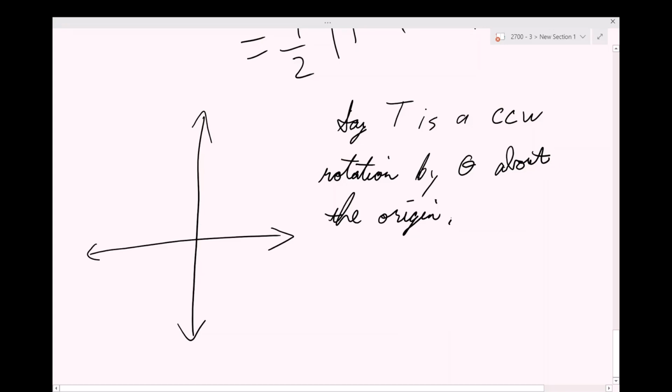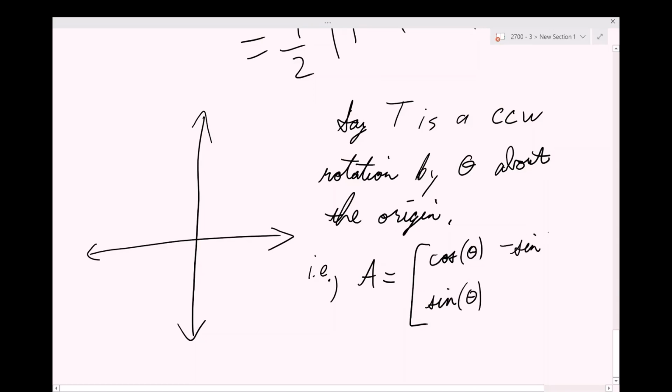We had a formula for that. So our matrix would be, what was the formula for that? That was cosine of that angle, and then sine of that angle. And then my next column was negative sine of that angle, cosine of that angle.